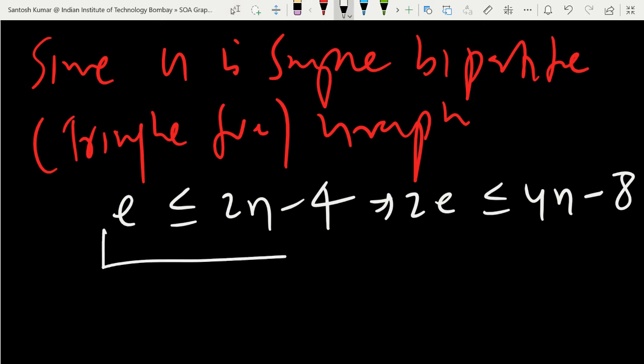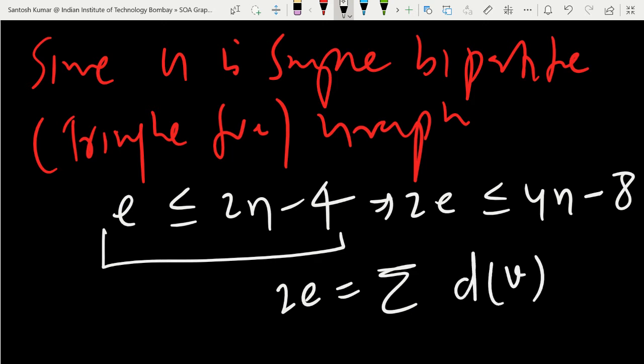So the number of edges is at most 2n minus 4, and you know that 2E is equal to the summation of the degree of each vertex. So that sum of degrees is less than or equal to 4n minus 8.